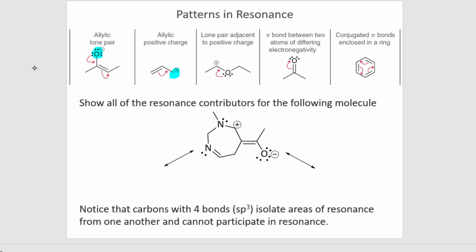Third, find a charge with a lone pair next door. Fourth, find a pi bond between 2 atoms that have differences in electronegativity. And fifth, find a ring that has alternating pi systems.